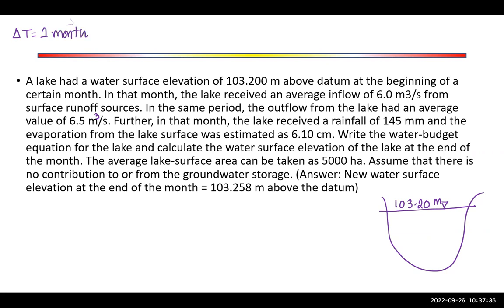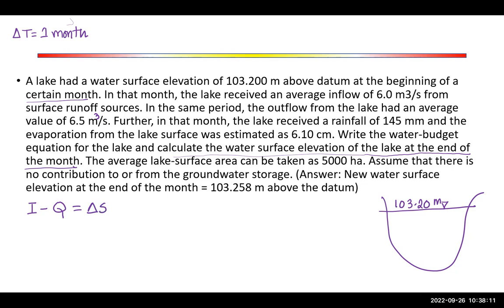Is that correct? You need to find the lake water surface elevation at the beginning of a certain month, and in that month lots of things happen. You need to calculate the water surface elevation of the lake at the end of that month. So the delta T is 1 month, right? Now the water budget equation was input minus output equals delta S, right?